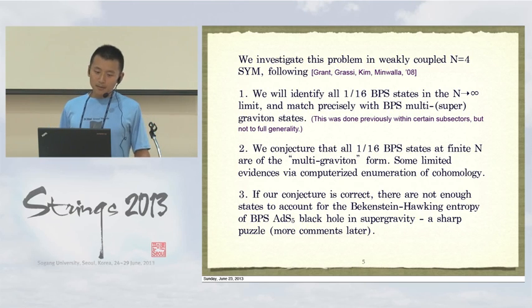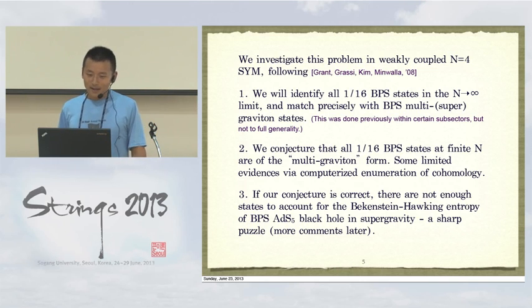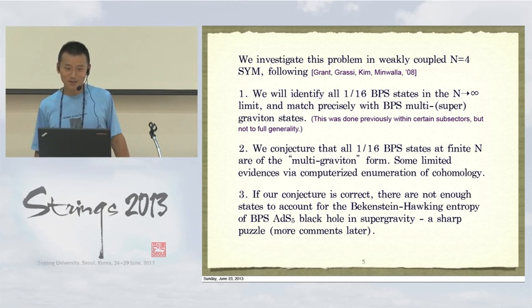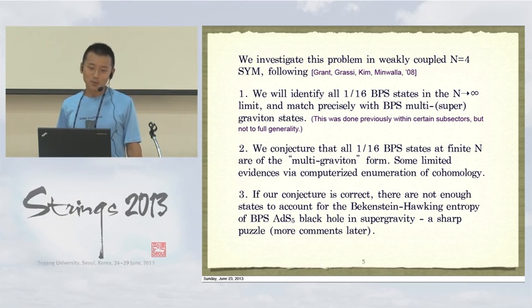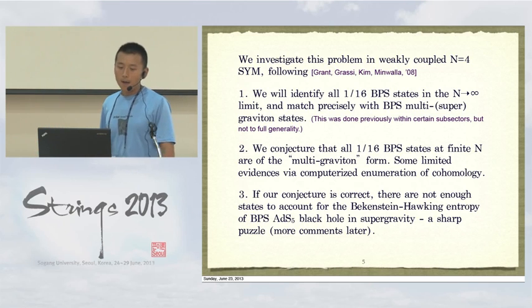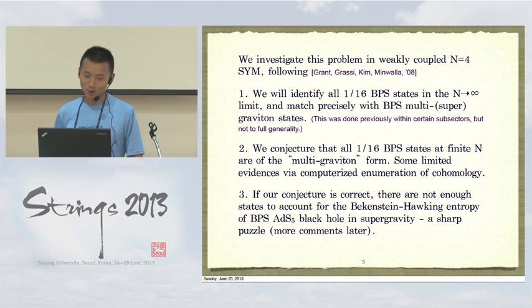And I'll provide some limited evidence for this conjecture through a brute force computer search of cohomology classes. If the conjecture is correct, it would imply a problem, that is, there are not enough states in N=4 super Yang-Mills, at least in the weakly coupled regime, to account for the Bekenstein-Hawking entropy of these large BPS black holes in AdS5. And I'll comment on this puzzle towards the end of the talk.